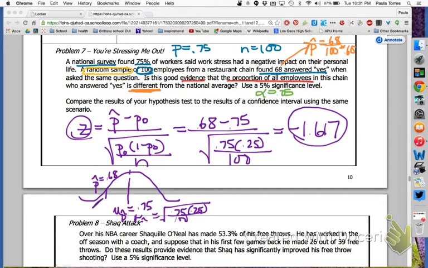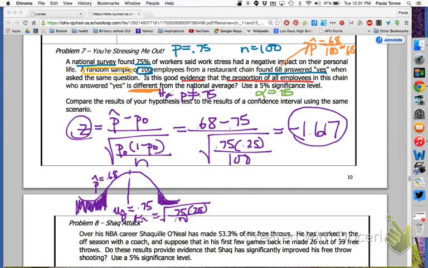And I would be shading everything to the left as well as stuff on the right that matches, because our alternative was that it's not 0.75. So this is a two-sided test.